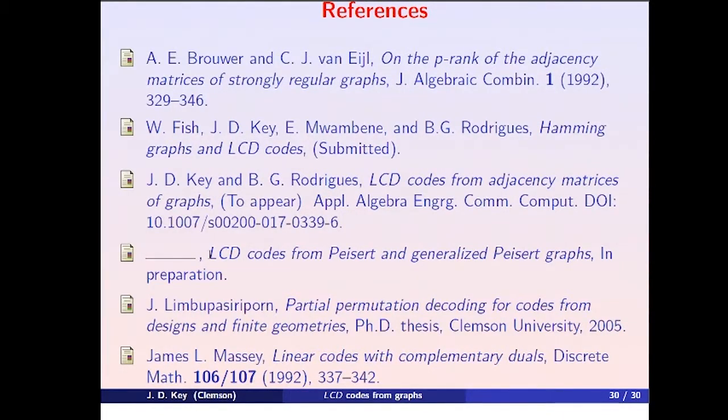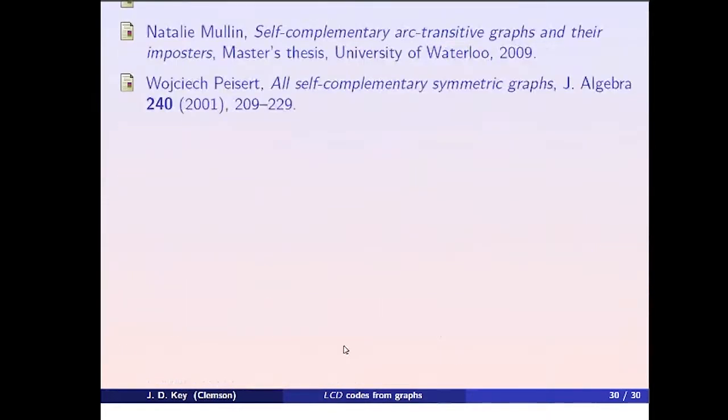And now this is the Peisert ones, which is work in progress. This is Giraffe's PhD thesis from 2005. Massey, and I think you saw the other 2 down here, Mullen and Peisert. So I guess that's about finished.